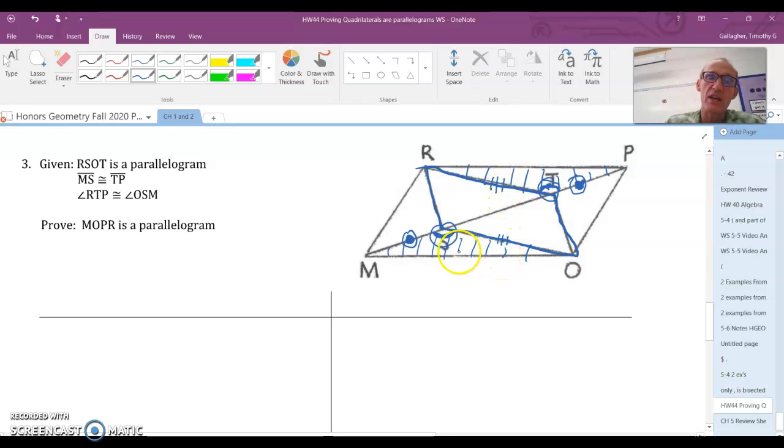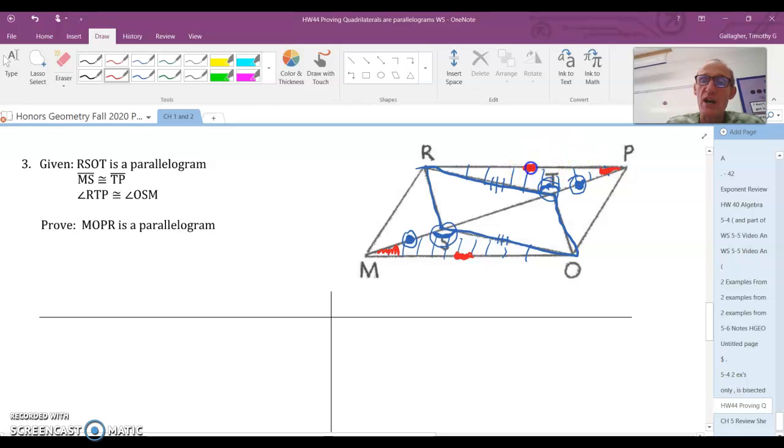Now, we're going to say that after we prove those two triangles congruent, that this side is going to be congruent to this side by CPCTC, all right? And this angle is going to be congruent to this angle by CPCTC.